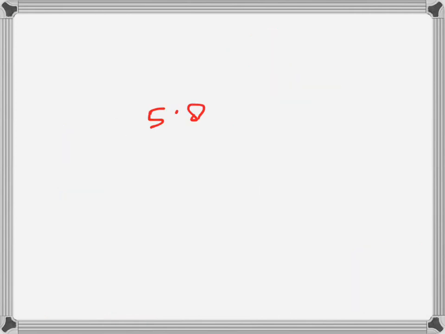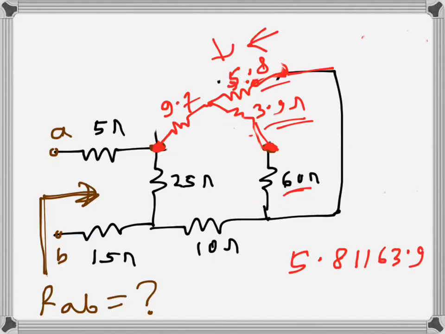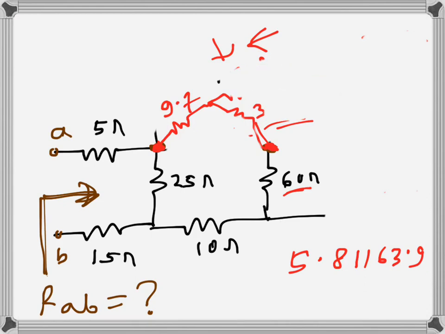So 5.8 times 63.9 divided by 5.8 plus 63.9, we get 5.3. If we go back here, we have to erase all these, and it will be just one resistance here.